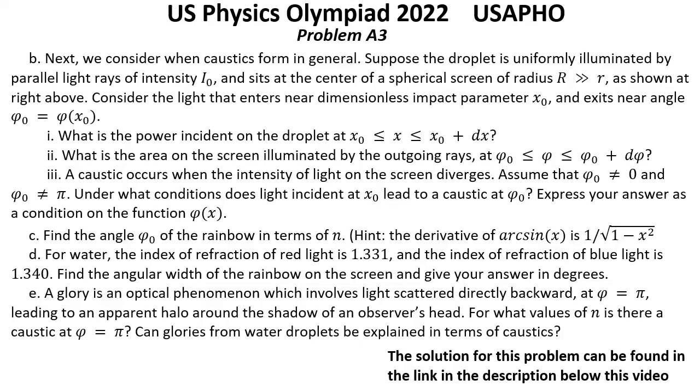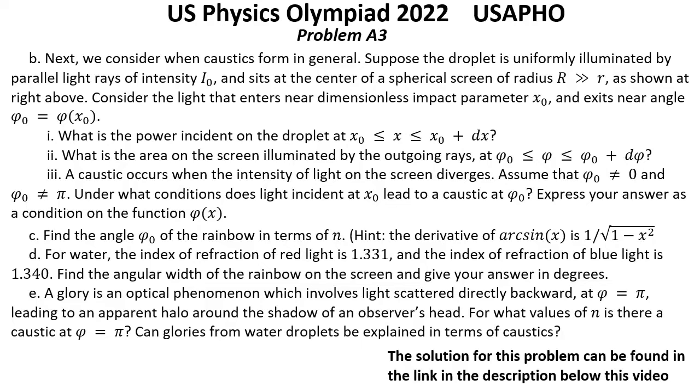First, what is the power incident on the droplet of x0 less or equal x less or equal x0 plus dx? Second, what is the area on the screen illuminated by the outgoing rays at phi0 less or equal phi less or equal phi0 plus dphi?